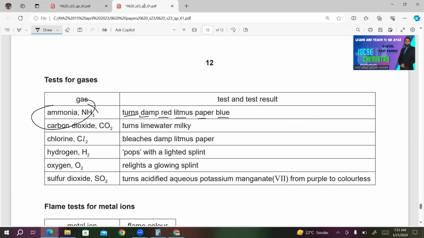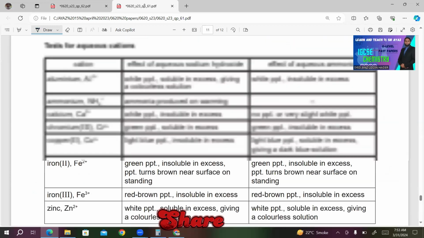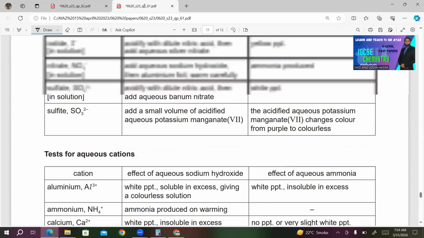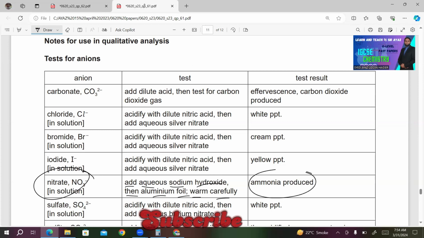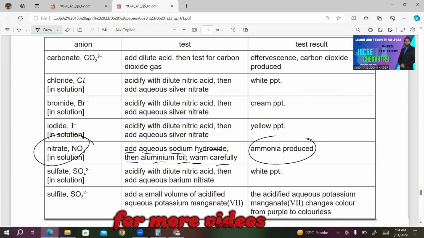You can see the test here. This test indicates the presence of nitrate ion. Add aqueous sodium hydroxide, then aluminum foil, warm carefully, ammonia produced. So it must be nitrate.